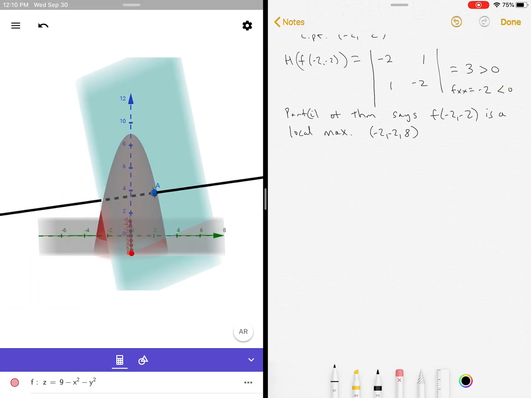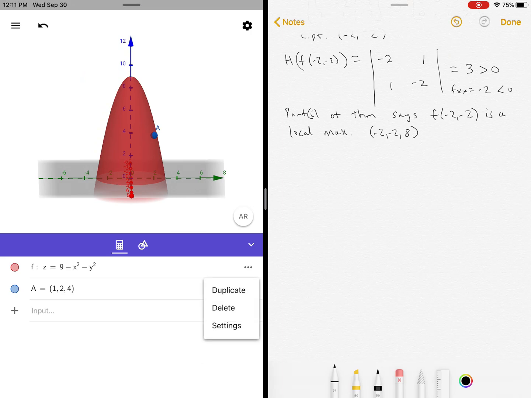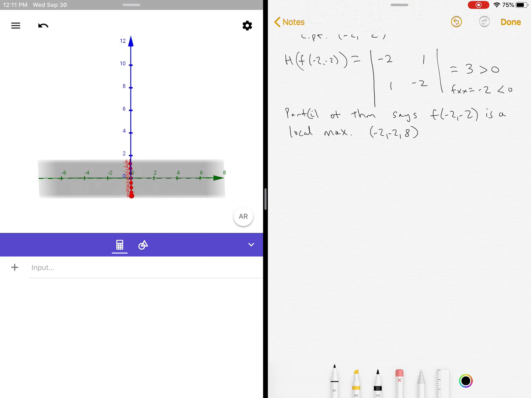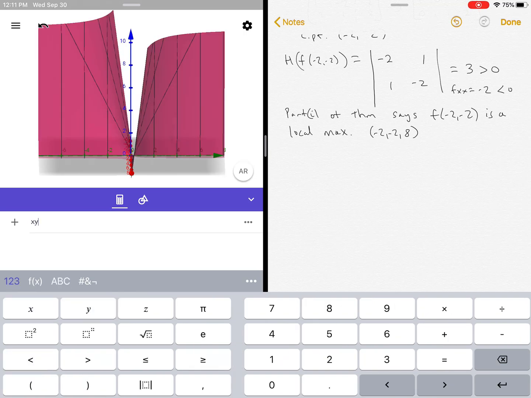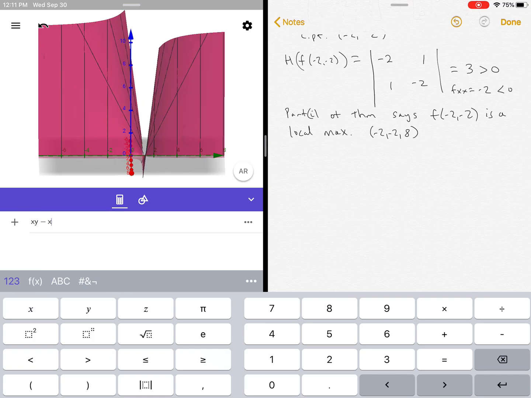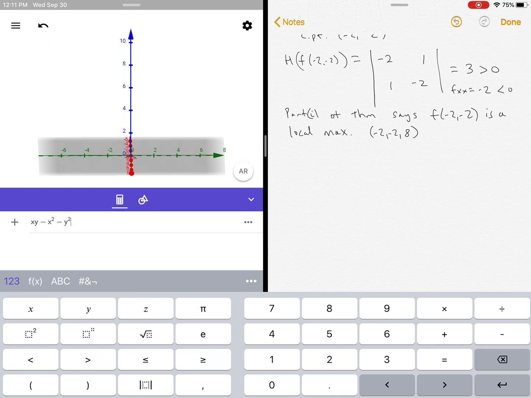Let's pull up our old friend here. We're going to input xy minus x squared minus y squared minus 2x minus 2y plus 4.